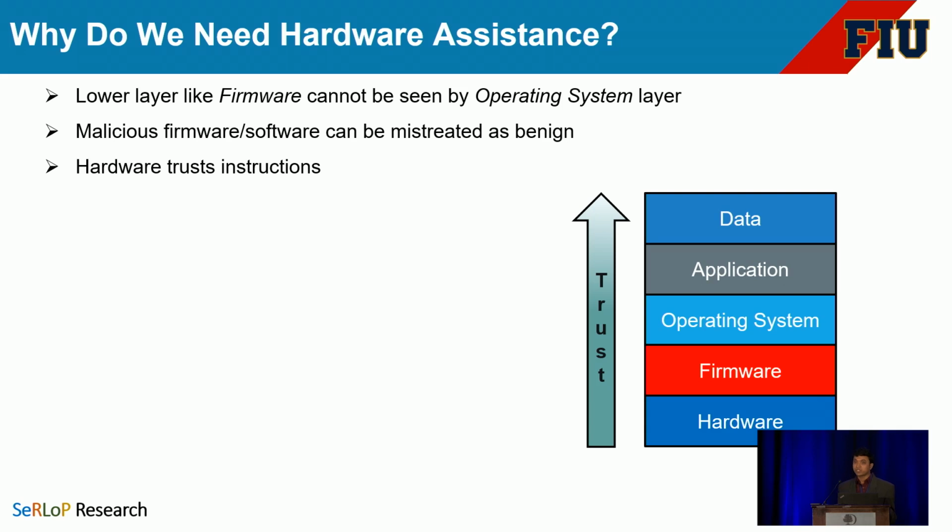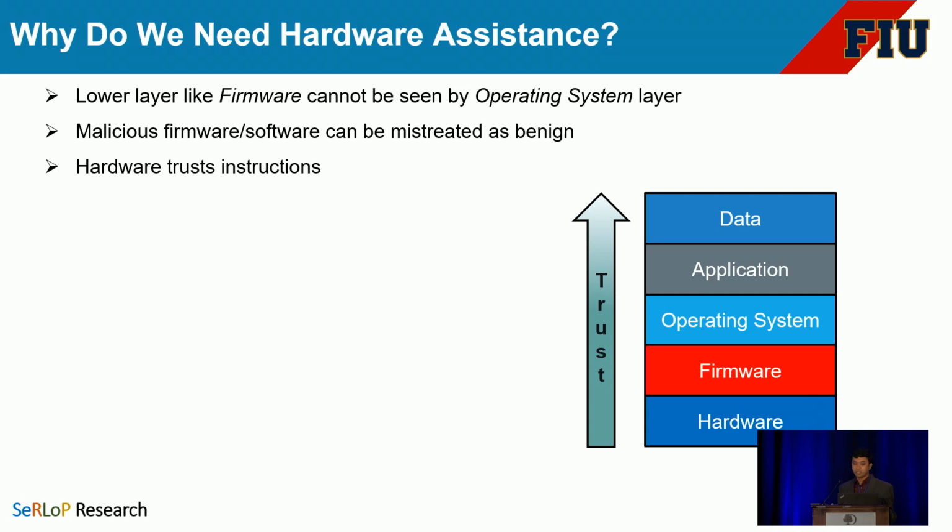So since the software-based solutions are not enough, we need some hardware assistance, and this is because the hardware is the bottom of the trust layer, and lower layers like firmware cannot be seen by the operating system layer. Therefore, the antivirus, which operates on the operating system layer, cannot protect the firmware.